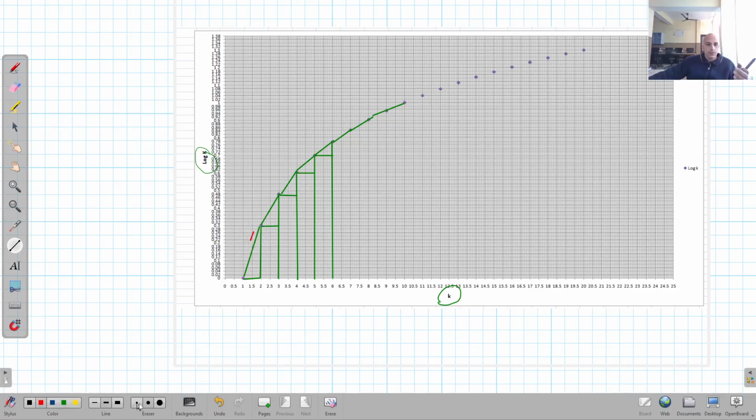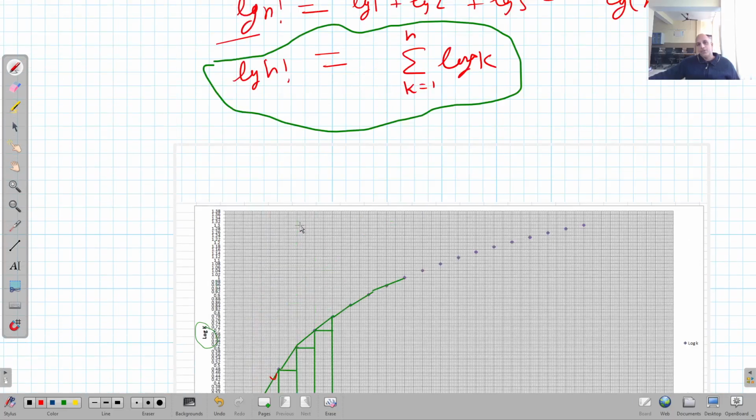So in that situation, I can write log of n factorial is equal to the integration from 1 to n of log k dk. So I converted summation into integration.